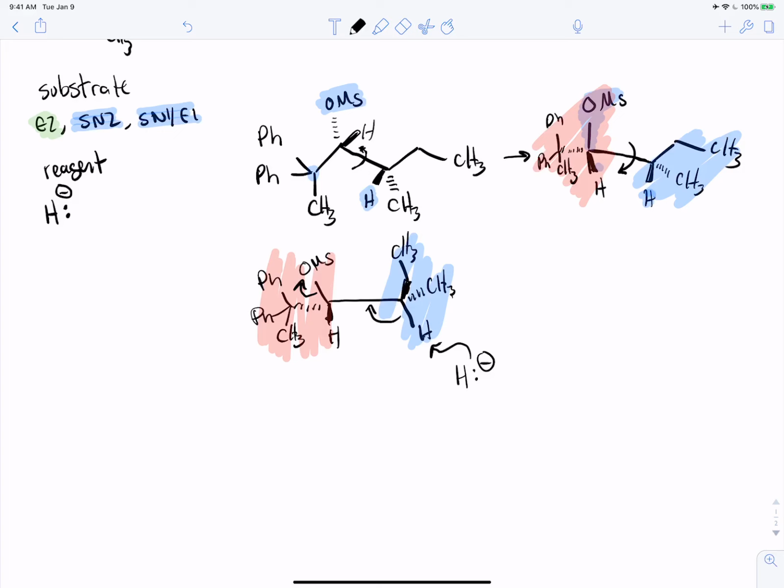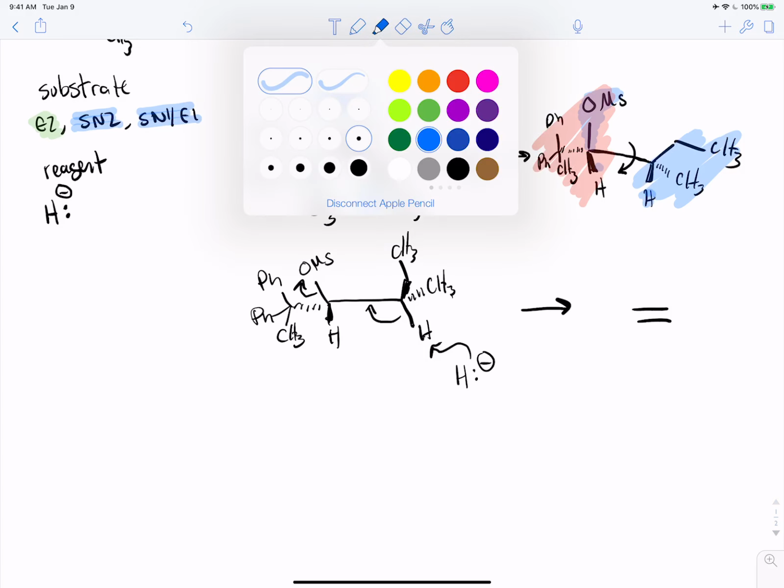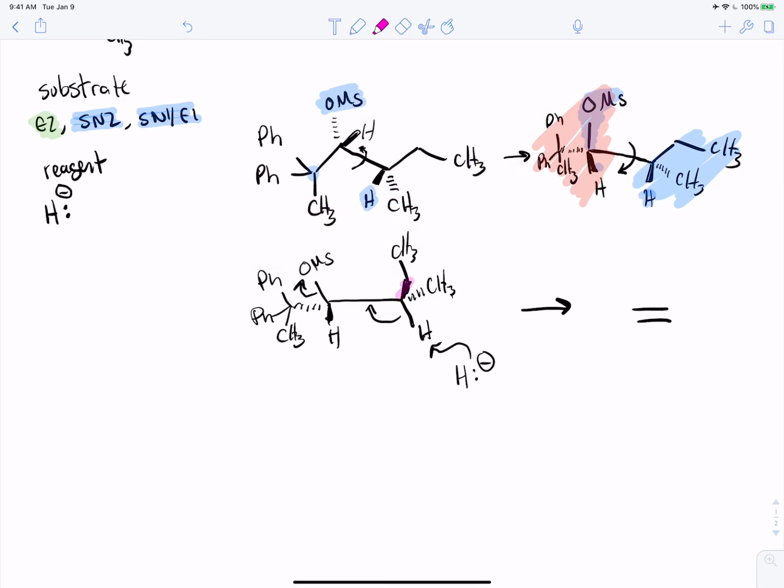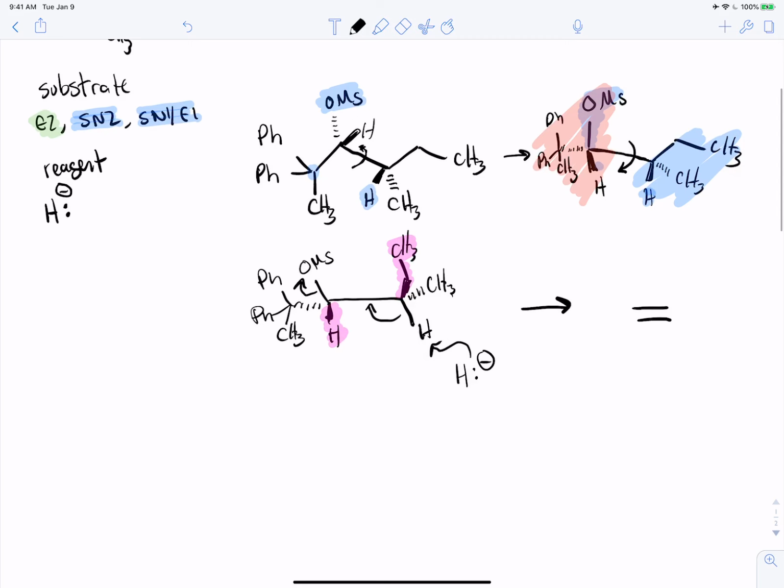So now that I've got everything in the right conformation, I can predict the appropriate stereochemistry here. So everything that is on the front bonds here are going to be on one side.